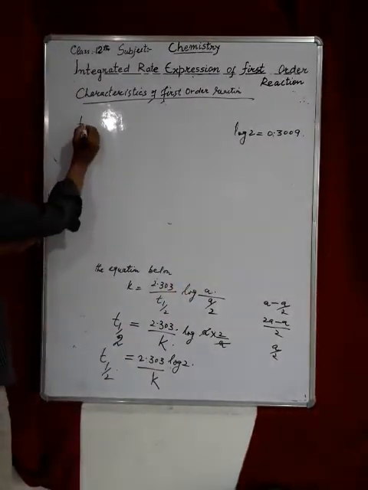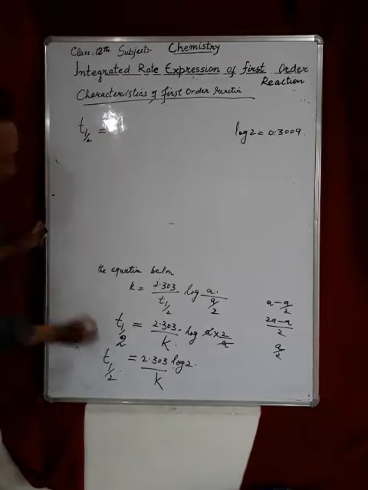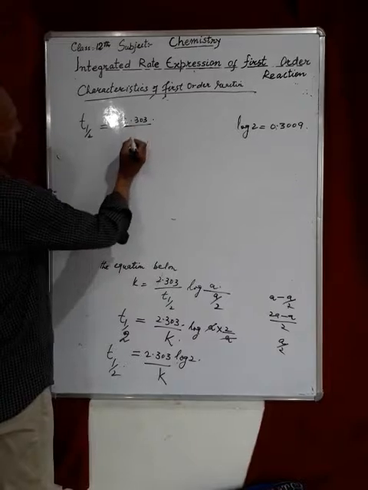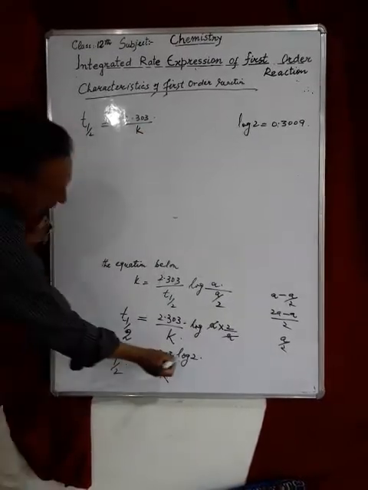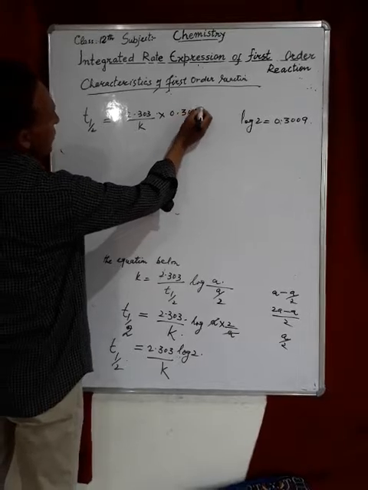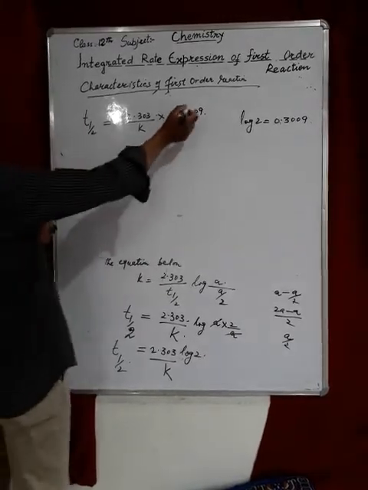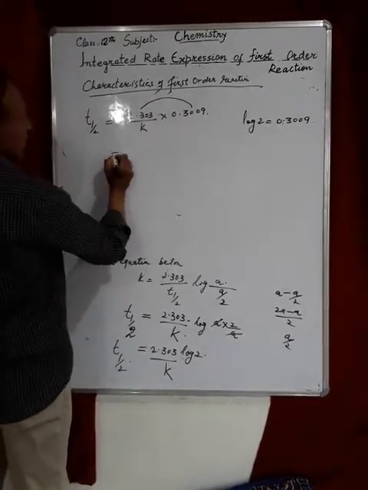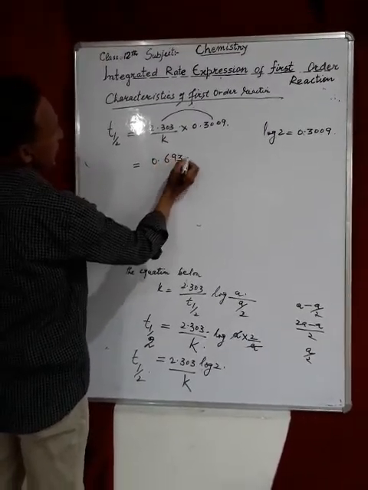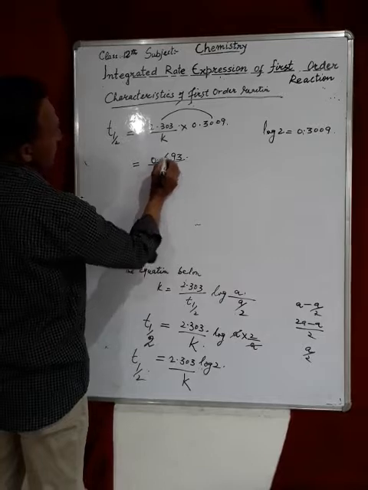Substituting the value in the above equation, we get 2.303 divided by k times log 2, and when we multiply these, it will be equal to 0.693 divided by k approximately.